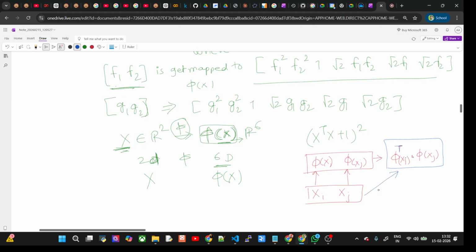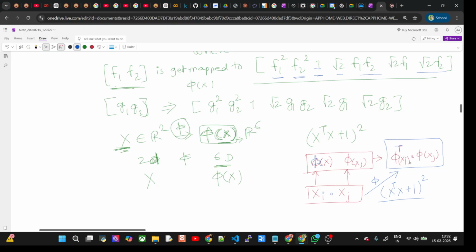How to get that? Use some function. What is that function? In this example, use (x transpose x + 1) raised to 2. Use this function directly. Xi and xj, this lower dimension is mapped to your higher dimensions, f1, f2, 1. So here we don't need to calculate phi of xi and phi of xj separately.